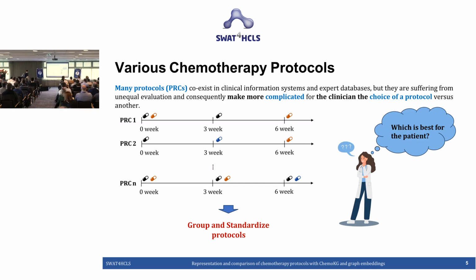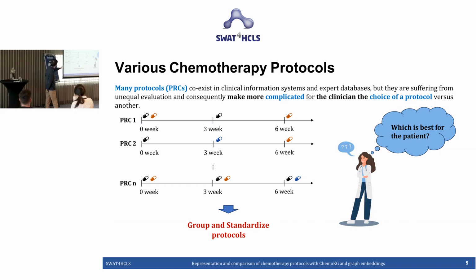Basically the clinicians have a question about which protocol is best for the patients. Here I drew the picture of protocols 1 through N, and it's all kinds of combinations of drugs, how long it takes, and what kind of cycles they are using.